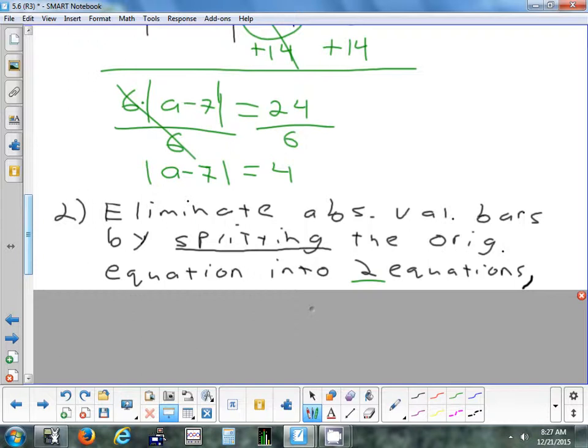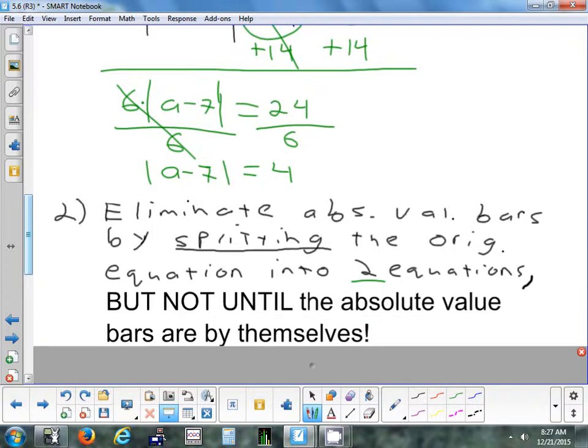What do we ensure about it? The equal sign? Not quite. You're on the right track. Anyone help me? Key phrase we're missing. We have to make sure of something about the absolute value expression. That it's by itself. All right, so we can't do step 2 until we've done step 1.